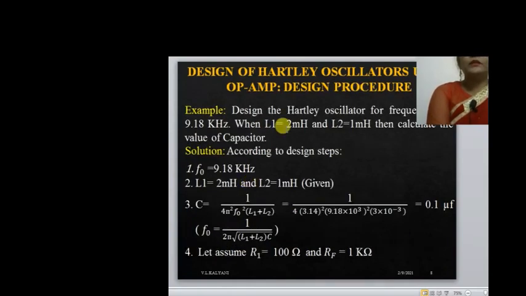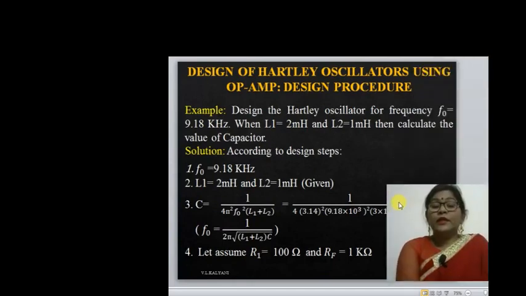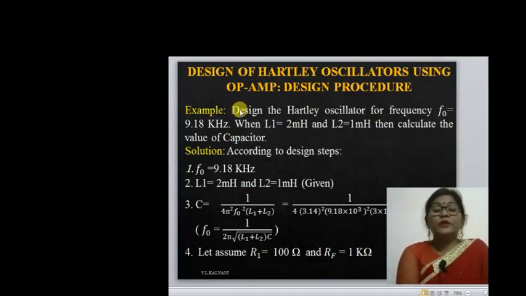Now consider this example. Design the Hartley oscillator for frequency f naught equal to 9.18 kilohertz, with L1 equal to 2 millihenry and L2 equal to 1 millihenry.